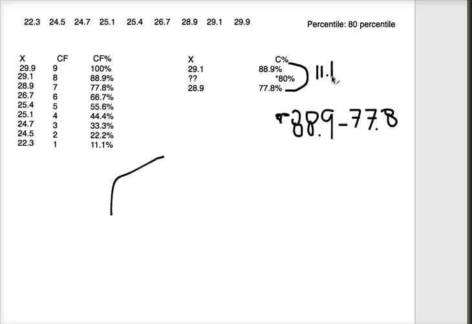That's the first value that you need. Then the second is the distance between this bottom number, the 77.8%, and the percentile that you're looking for. So 80 minus 77.8 is 2.2.